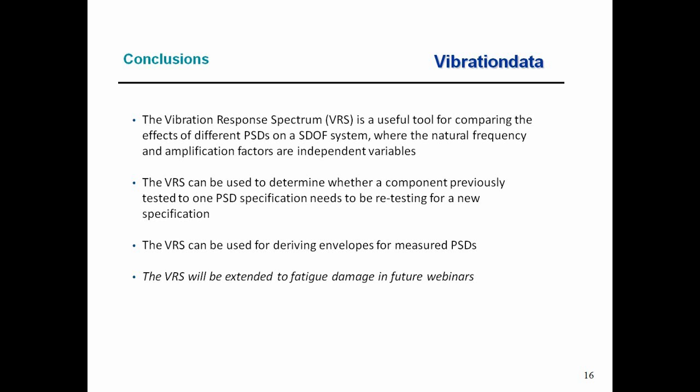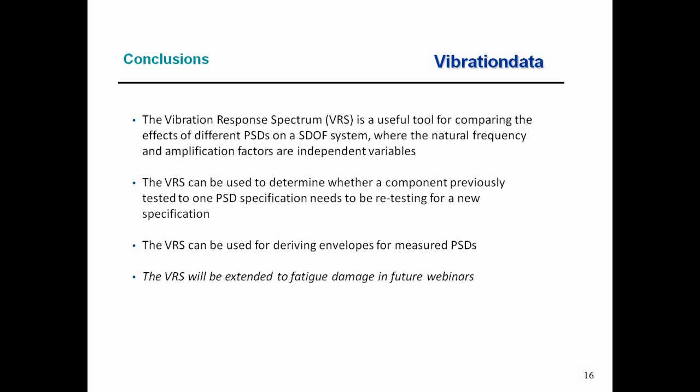The vibration response spectrum, VRS, is a useful tool for comparing the effects of different PSDs on a single degree of freedom system, where the natural frequency and amplification factors are independent variables. In our case, when we did the VRS, we varied the natural frequency and held Q fixed, but a more proper use of this tool would be considering different Q values if Q is unknown.